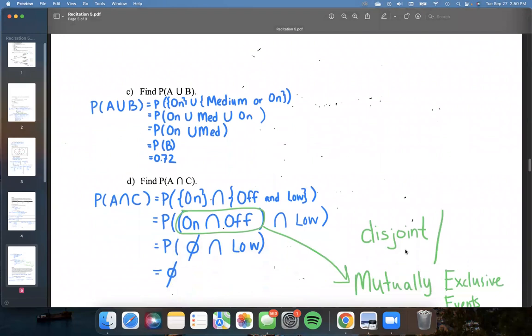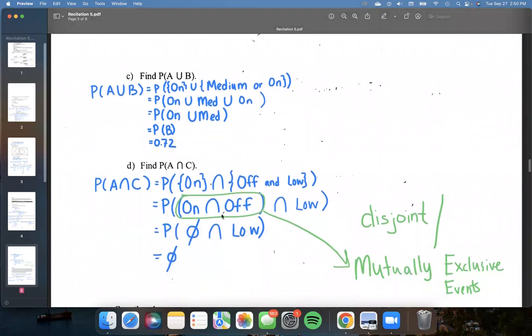So this is disjoint or mutually exclusive events. So that would be an empty set because there's no points in the on event and also the off event at the same time. So an empty set intersected with the empty set, there's going to be nothing in common in both these sets. So we're going to have an empty set again.